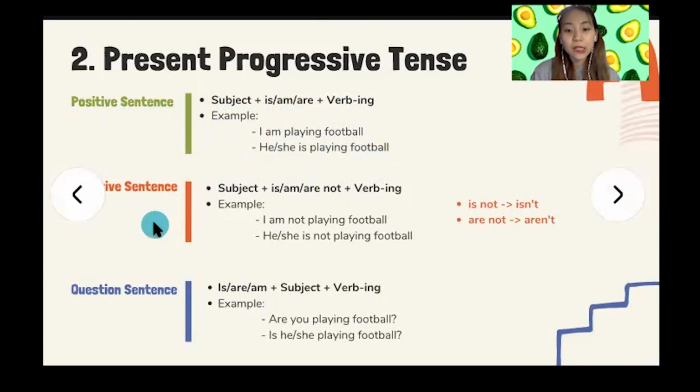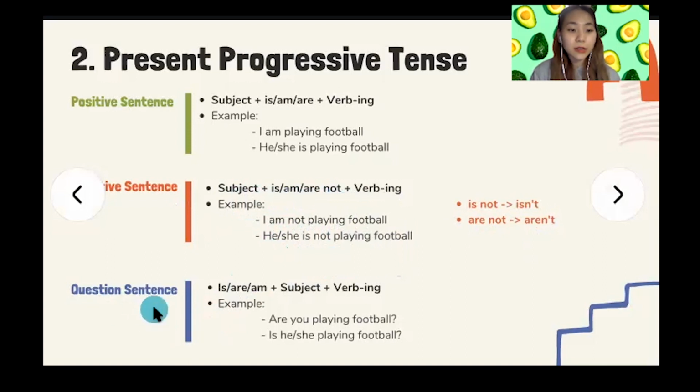For negative sentence, it is subject plus is, am, are, not plus verbing. For example, I am not playing football. He, she is not playing football. Remember, is not in short will be isn't, are not in short will be aren't.